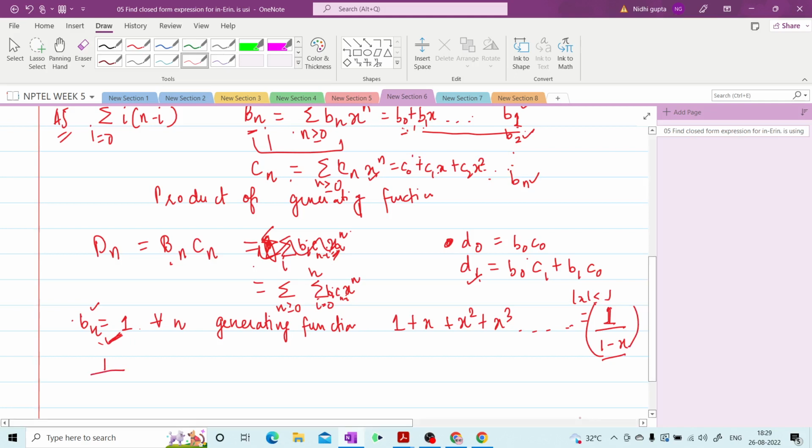Now these generating functions behave well with differentiation also.